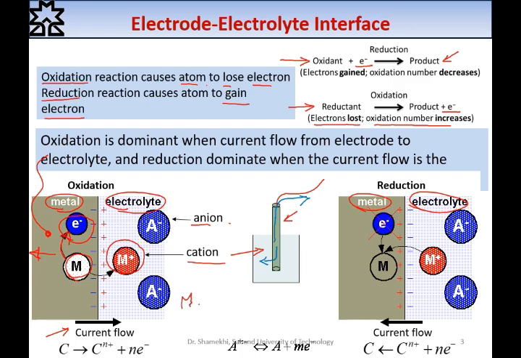M plus and A minus will generate an MA deposit.